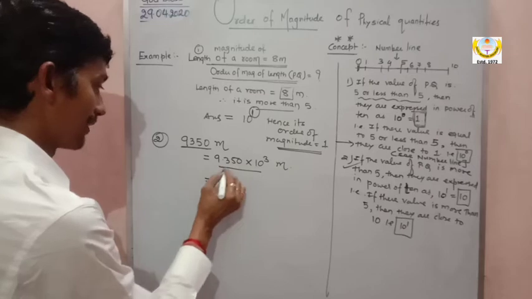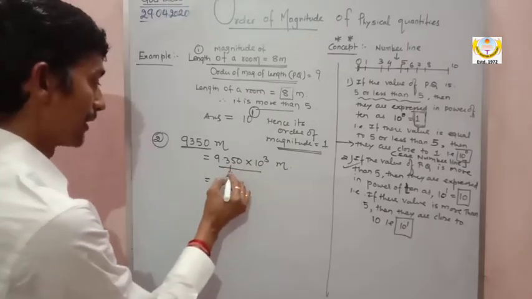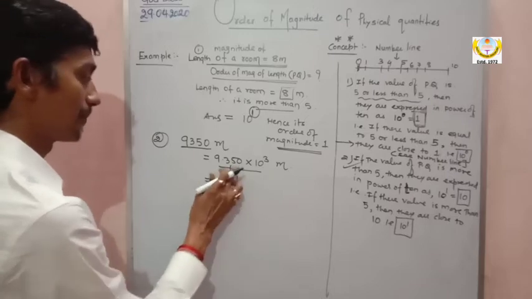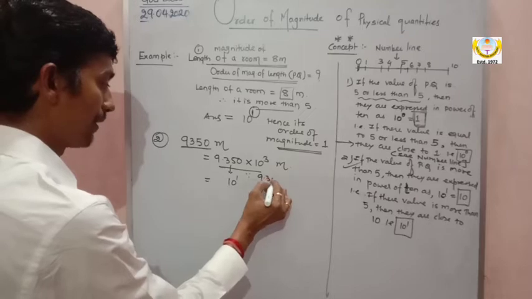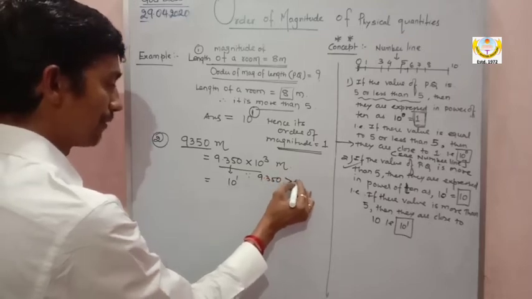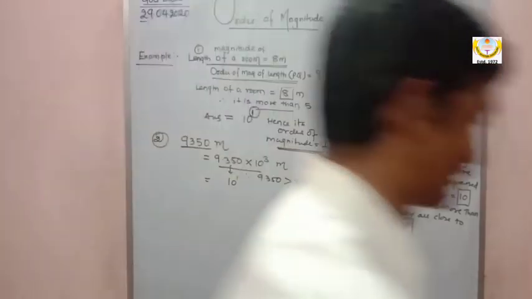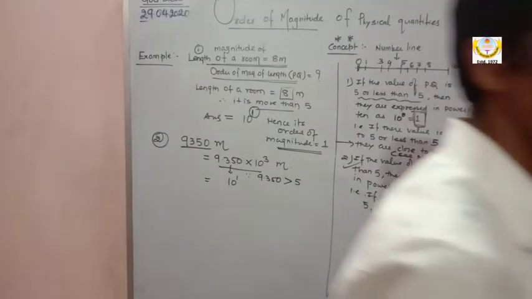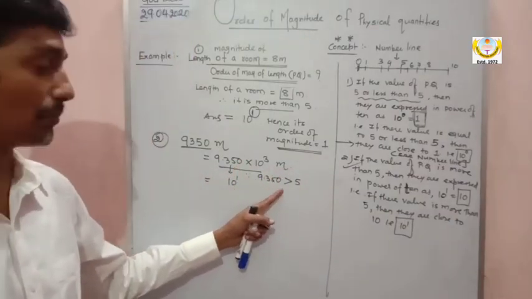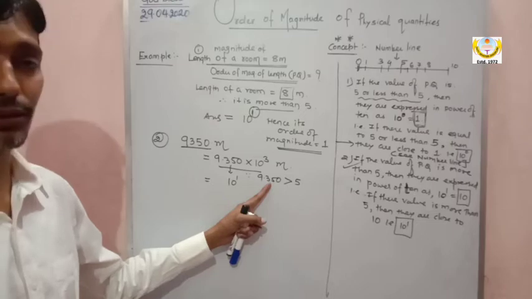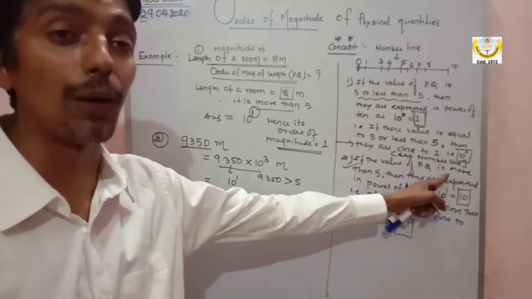Now my dear, here this 9.350 is more than 5. So it is written as 10 power 1. Since 9.350 is more than 5, it is expressed as 10 power 1.